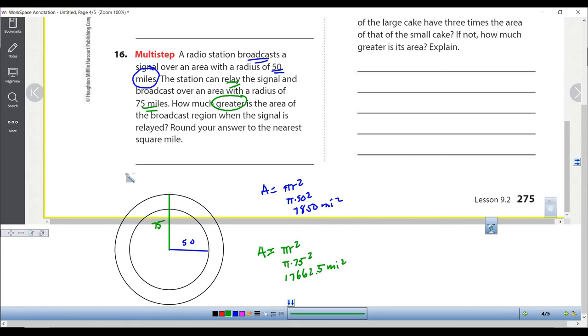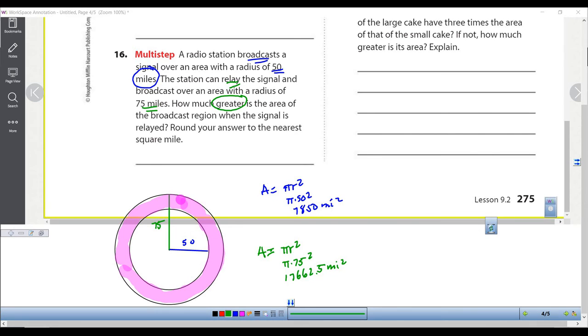So we really are trying to find out this part right here. This is the part we're trying to find. Okay. Wow, I don't think that was worth it, but we did it anyway. All right, so we're going to subtract.